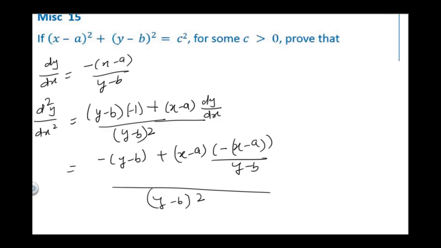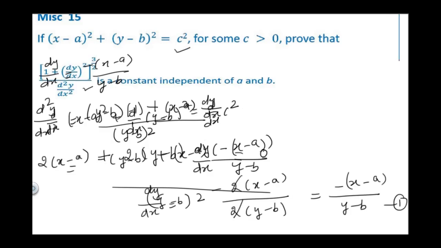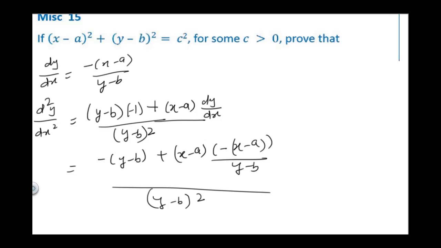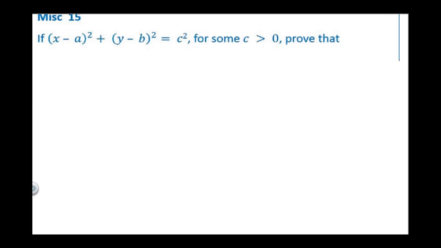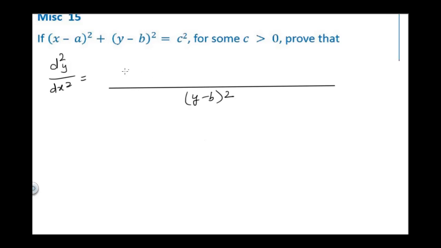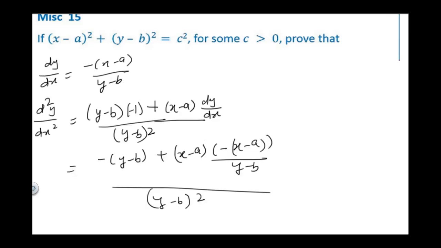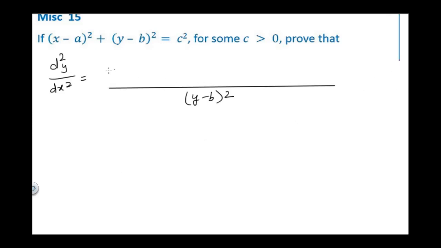Now when we solve it, we will get the second order derivative as, in the denominator we have (y minus b) whole square, and here we have minus of (y minus b) plus (x minus a) into minus of (x minus a) upon (y minus b).